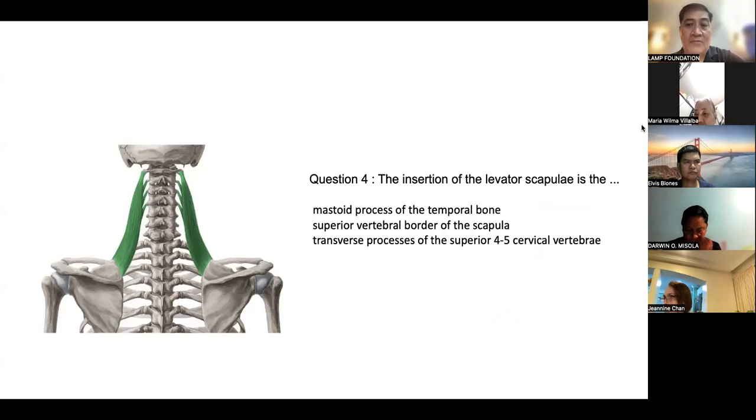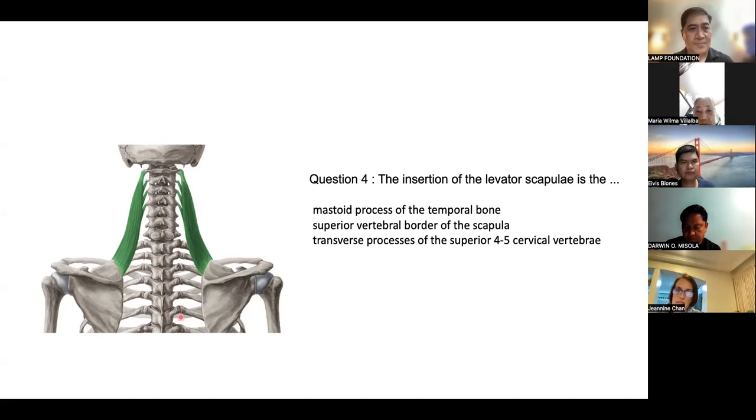Insertion of the levator scapulae: transverse process of the upper 4 to 5 cervical vertebrae? No. Tingnan niyo mabuti. Ito po yung insertion.